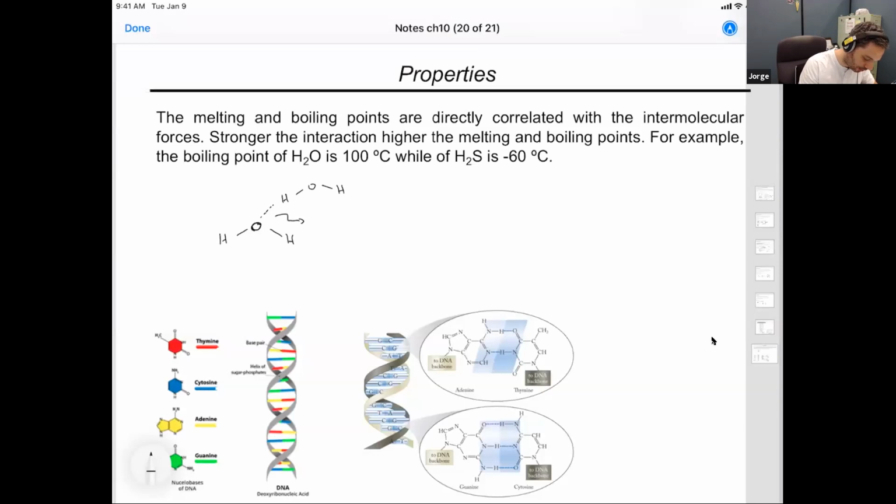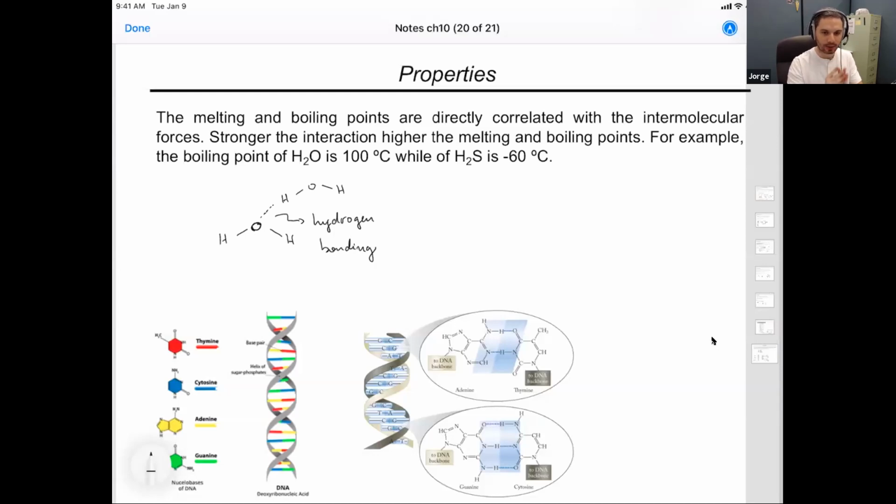This kind of interaction is called hydrogen bonding. Remember, we have to have oxygen bonded to hydrogen, or fluorine bonded to hydrogen, or nitrogen bonded to hydrogen, interacting with another hydrogen that is also bonded to fluorine, oxygen, or nitrogen.